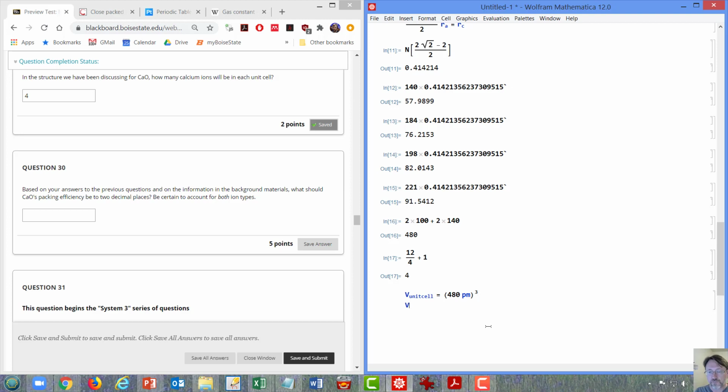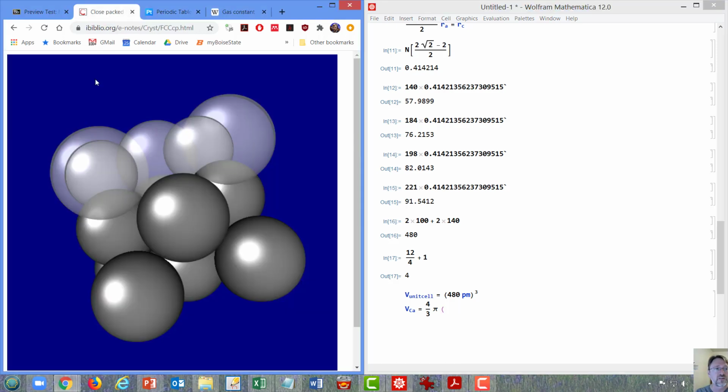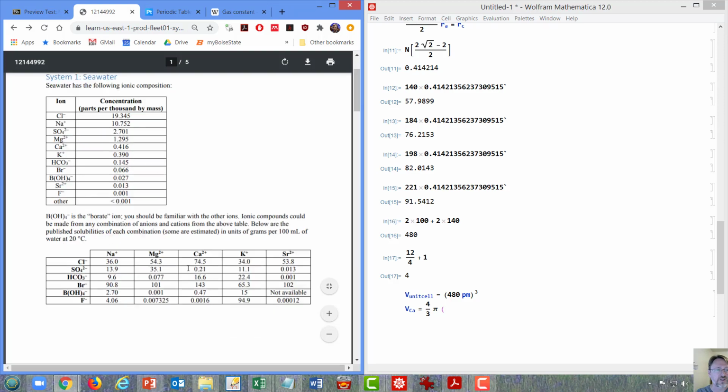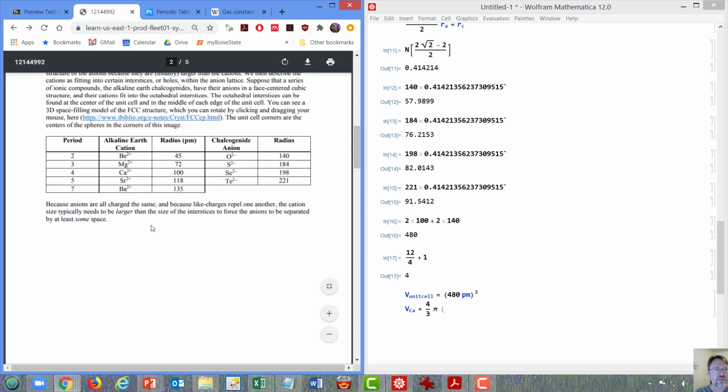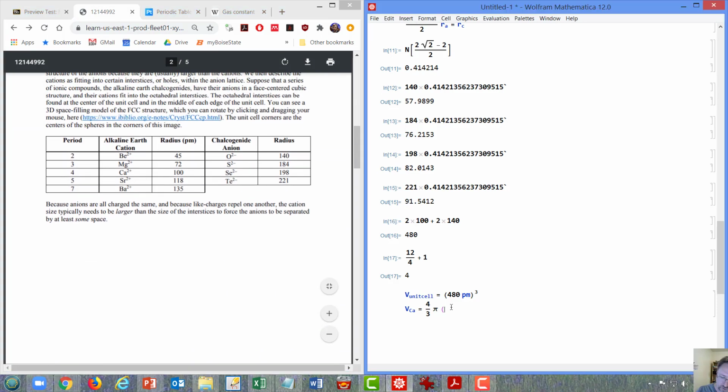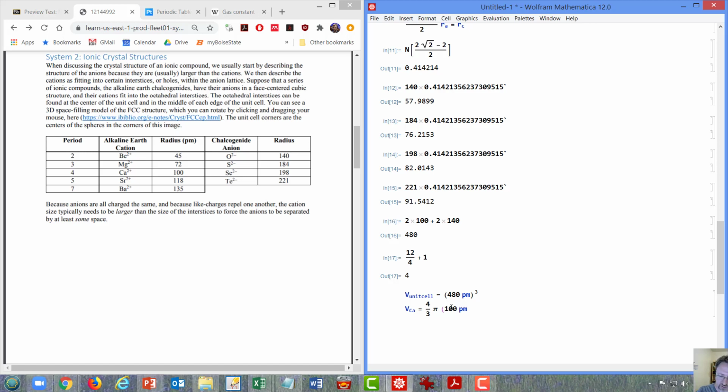The volume of a calcium ion is going to be the formula for a sphere, 4/3 pi radius cubed. Calcium was, head back over here, calcium is 100 picometers cubed.